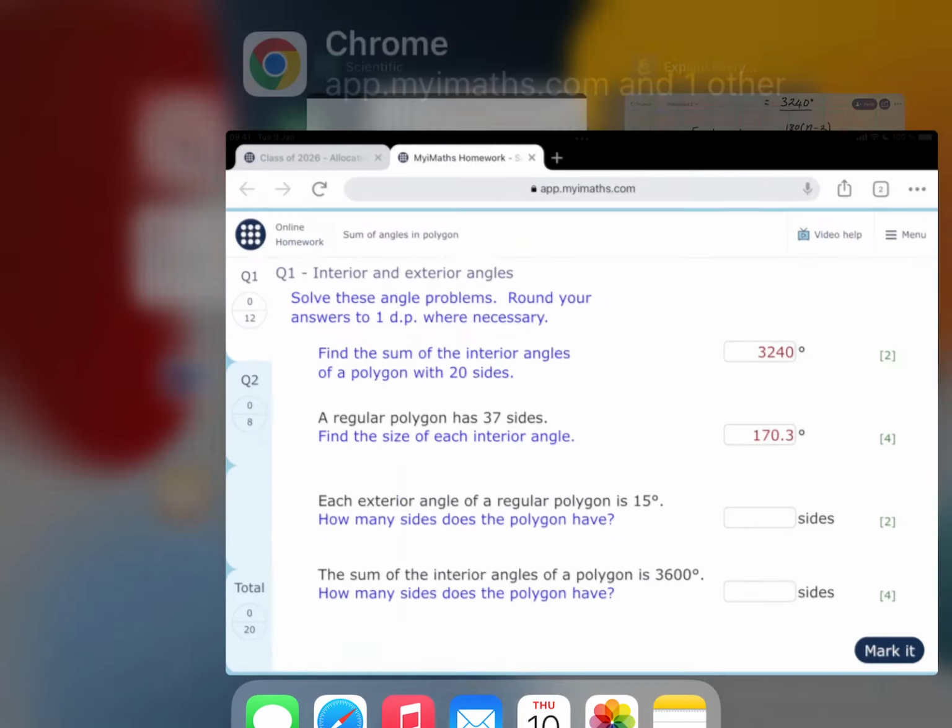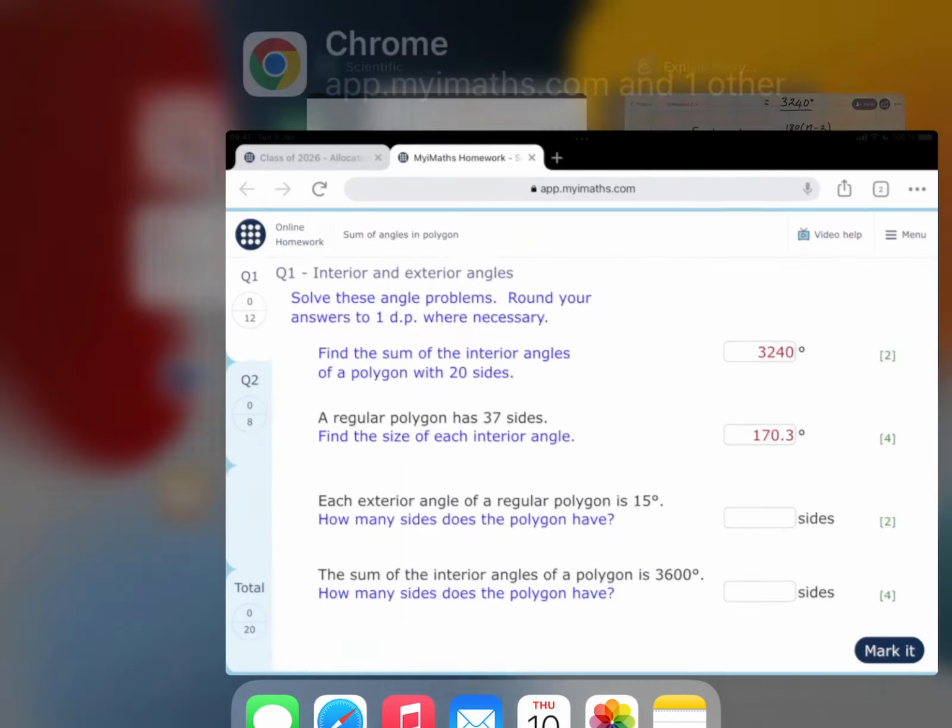It says each exterior angle of a polygon is 15 degrees. How many sides does it have? So there's a couple of ways you could work that out. One of them's a little bit smarter than the other. Let's just pick the right pen tool here.